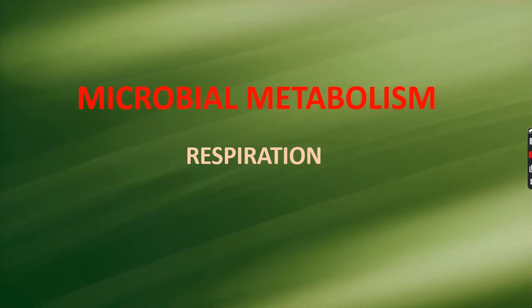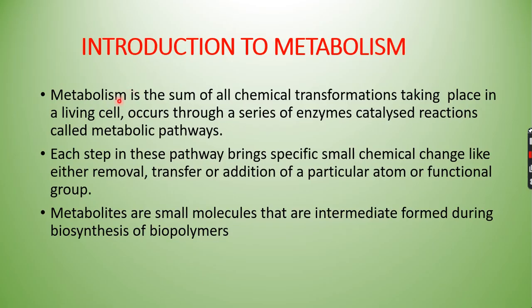Okay, so let's begin. As I told you, metabolism is the sum of all chemical transformations taking place in a living cell, and all these chemical transformations occur through a series of enzyme-catalyzed reactions. That's why we call these metabolic reactions metabolic pathways.